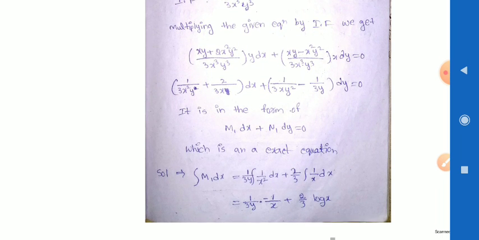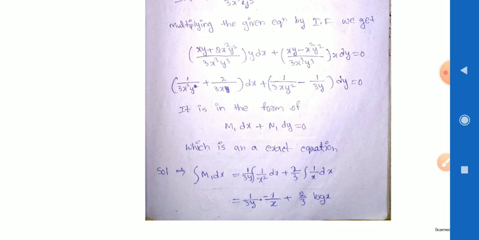For this exact differential equation we have the solution, that is integration of m1 dx. Here I am separately doing integration of m1 dx, treating y as a constant. We get the m1 value 1 by 3y into integration of 1 by x square dx plus 2 by 3 into integration of 1 by x dx.